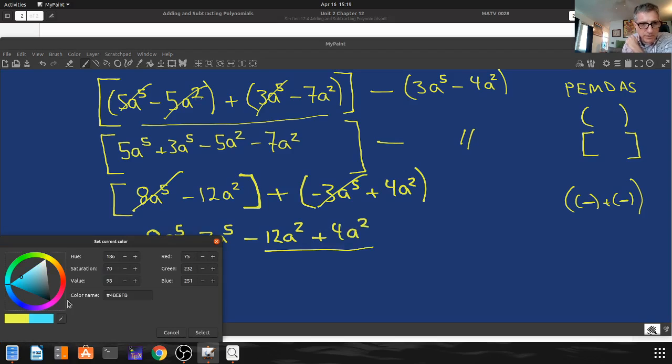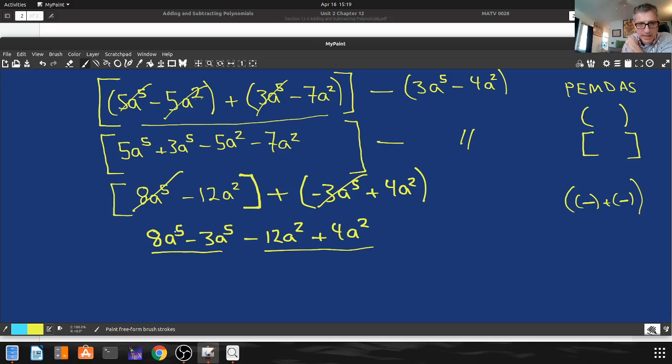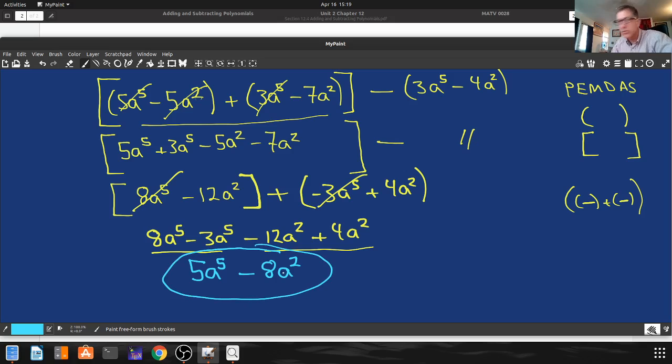So the end result is going to be 8a to the 5th minus 3a to the 5th is 5a to the 5th. Minus 12a squared plus 4a squared is minus 8a squared. And that's our final answer. Okay, that's it for lecture 12.4.